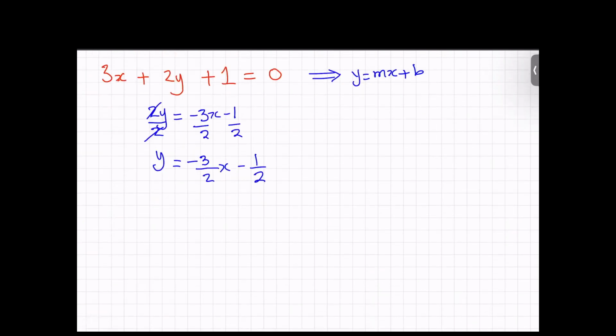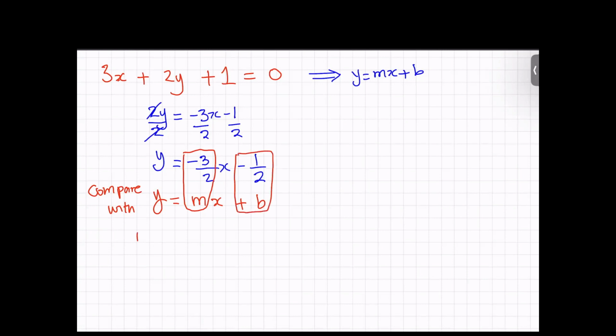But before you do anything else, first compare with y equals mx plus b to identify what your m is and what your b is. Once you compare, you can see that your m is negative 3 over 2, and your b is negative 1 over 2.